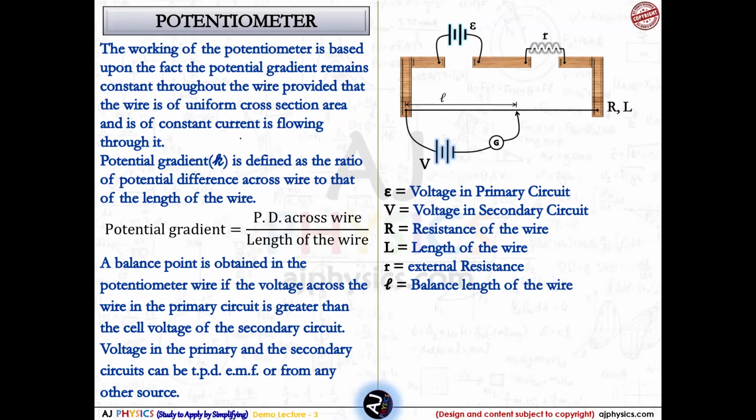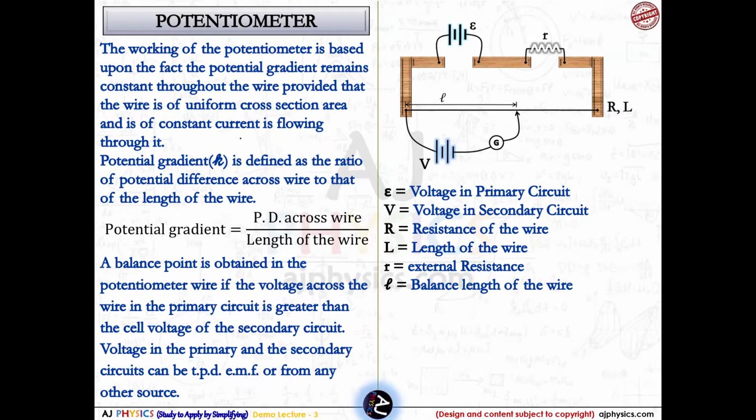Alright, now everything in the potentiometer I have made according to my convenience. I've broken up the potentiometer into 3 or 4 arrangements.